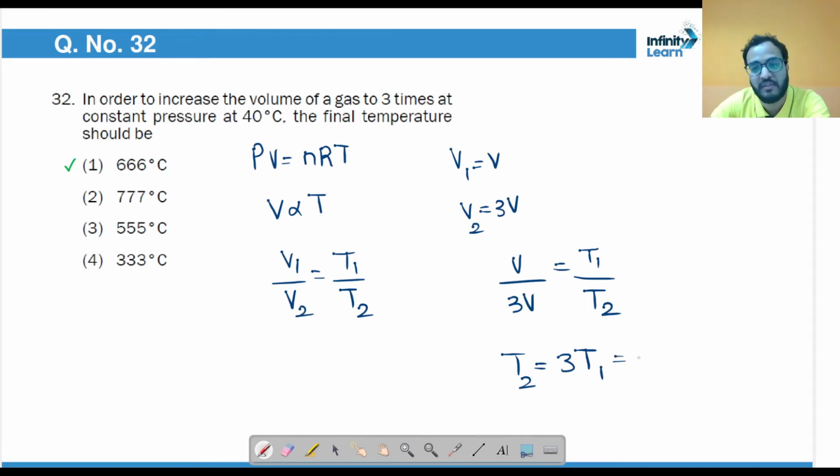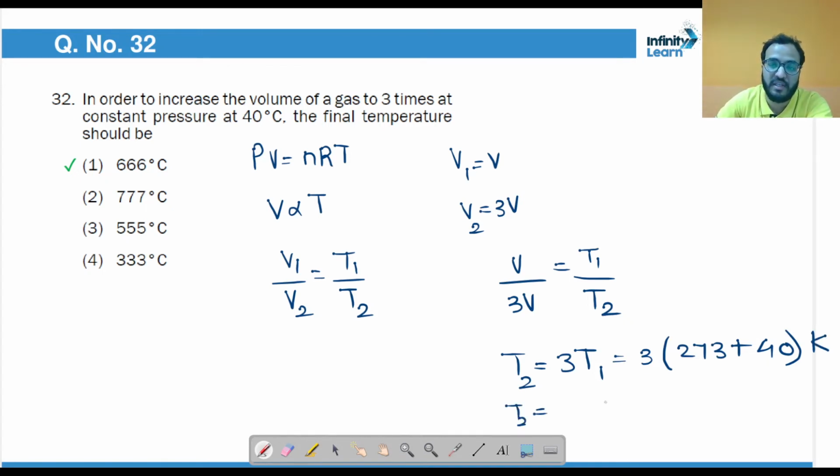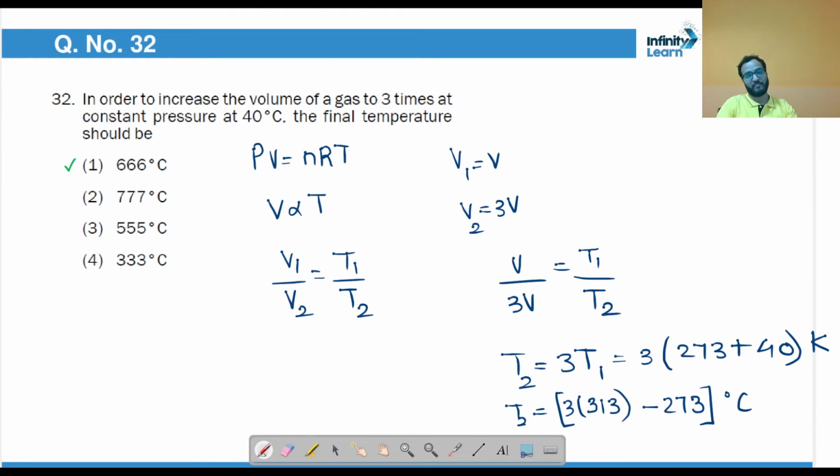Now what is T1? 273 plus 40 Kelvin. So the final answer will be 3 into 273 plus 40, which is 313, minus 273, since the answer will be in degree centigrade. Clear? So your answer will be 666.